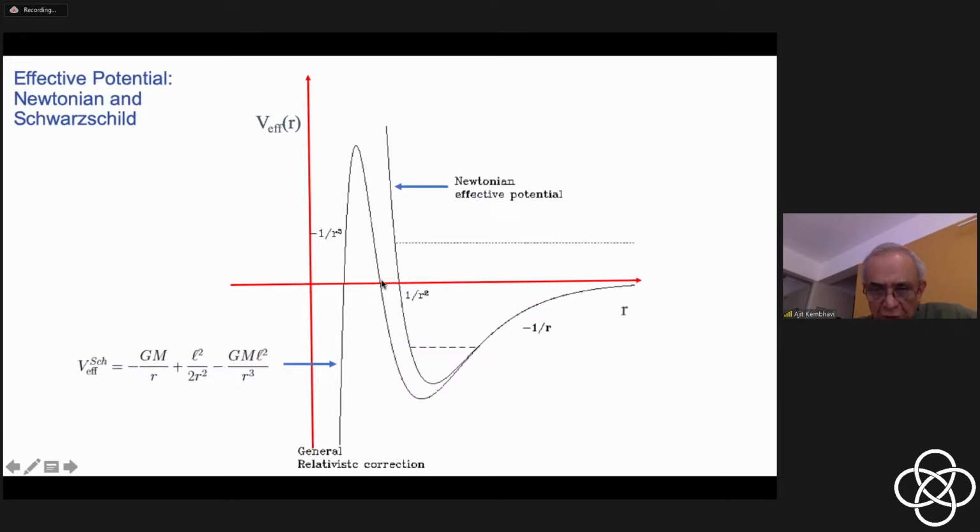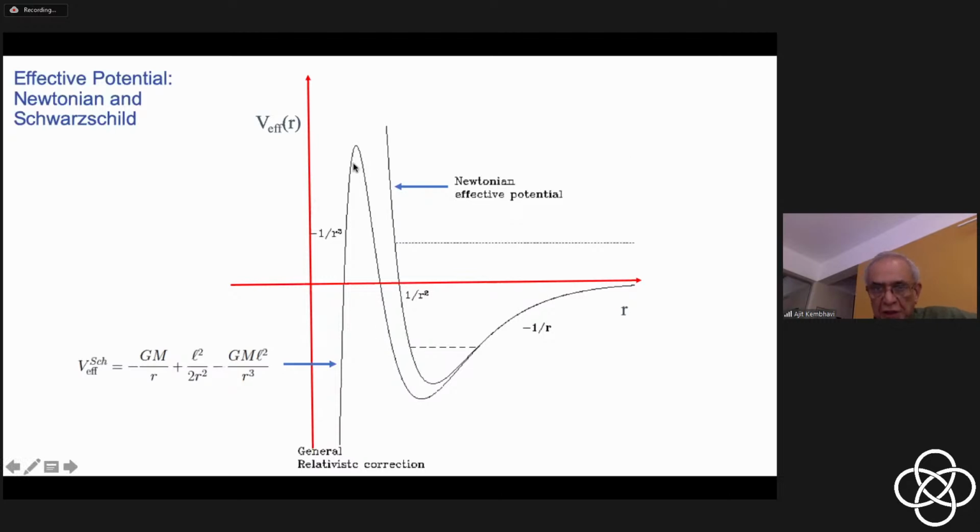Now when we come to the general relativistic part, the centrifugal repulsion takes you up and up and up, except that when you get sufficiently close, the black hole attraction dominates the centrifugal force, and the potential turns over and comes down. In the Newtonian case, this goes to infinity, so even with the smallest amount of angular momentum, the particle will always go back to infinity.